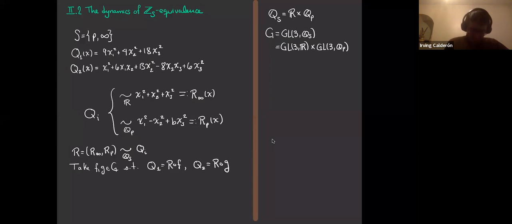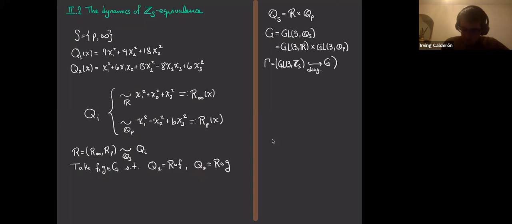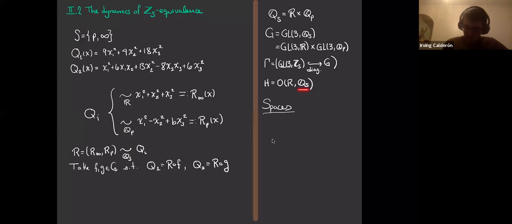And we'll pick this time F and G matrices in G that take Q to Q1, Q to Q2. And for the Cs equivalence, we have to consider GL3(Cs), but we will embed it diagonally in G. And finally, H will be the Qs orthogonal group of Q.